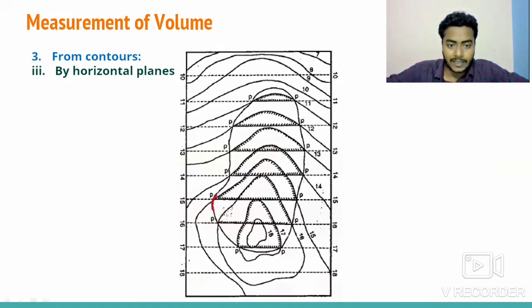You can see in the figure like this. Once it is done, we got this curve, this line. Once it is done, what will we do?